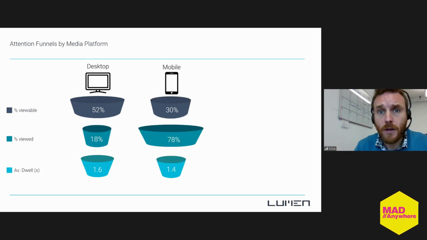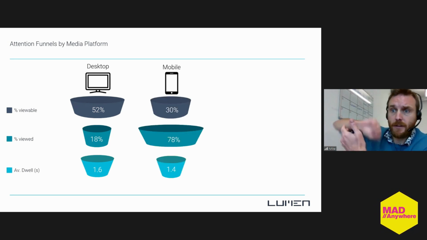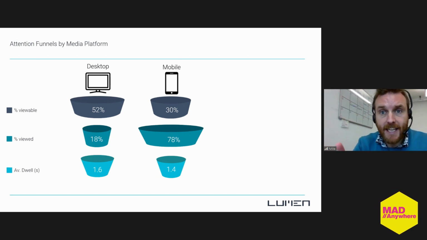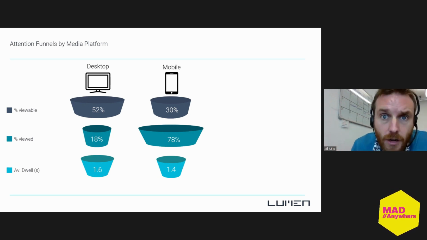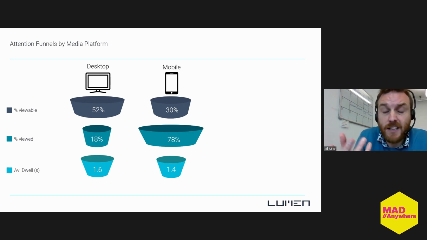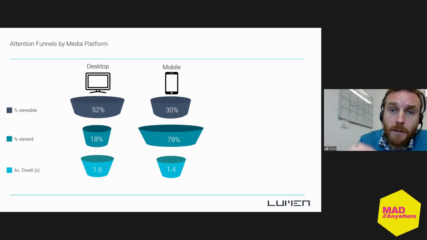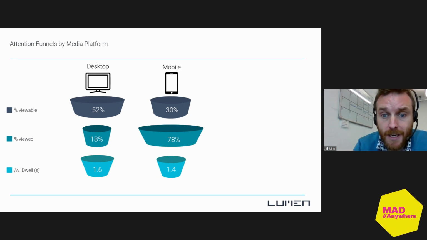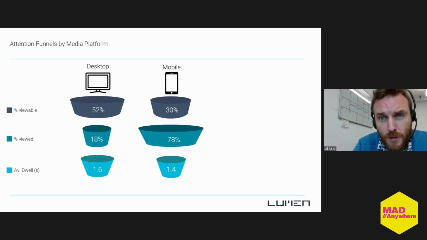With mobile, viewability rates are much lower because people are scrolling so frantically fast. But if your ad is viewable, on the screen 100% of the pixels for a second or more, or 2 seconds, then it's very hard to miss. You will look at it. It's just that that happens so rarely. When people do have the ad on their screen and it is viewable, they'll look at it for about 1.4 seconds.